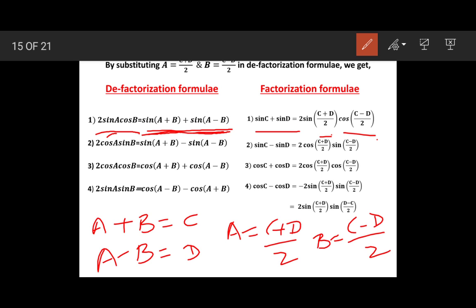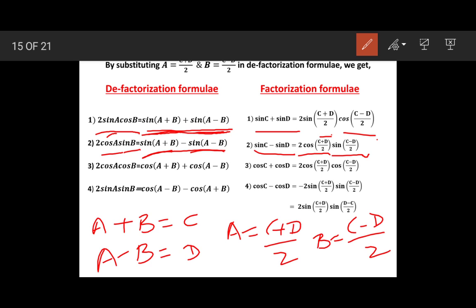Okay, then the second factorization formula, sin c minus sin d, that is equal to 2 cos (c plus d) upon 2 into sin (c minus d) upon 2.